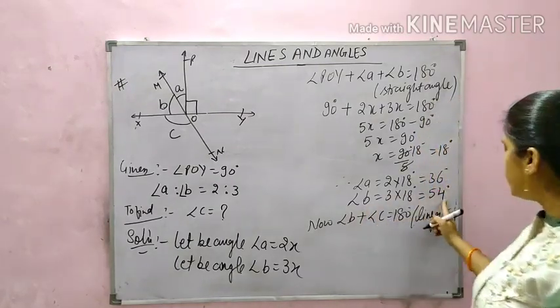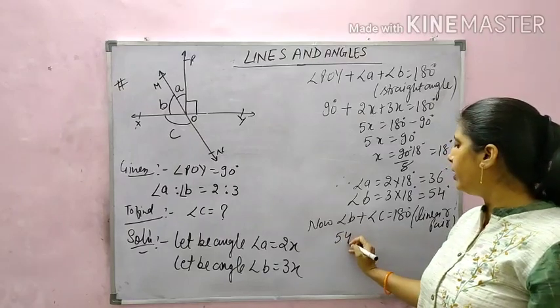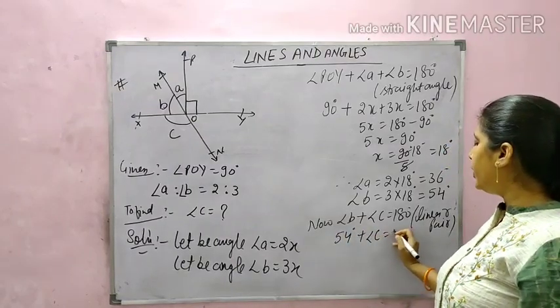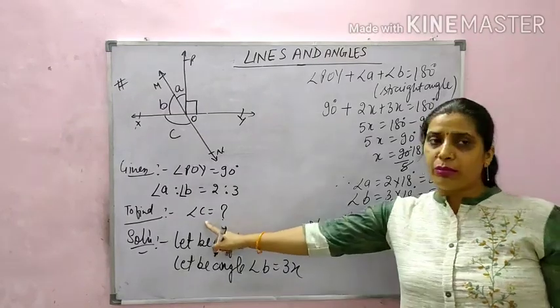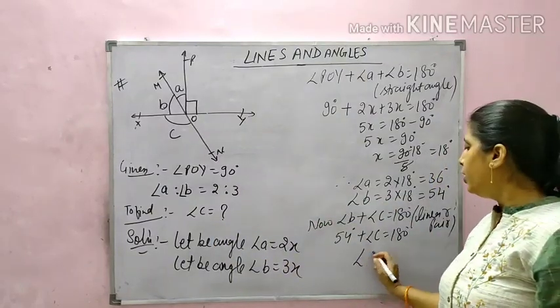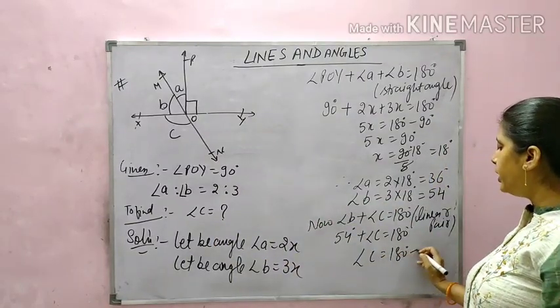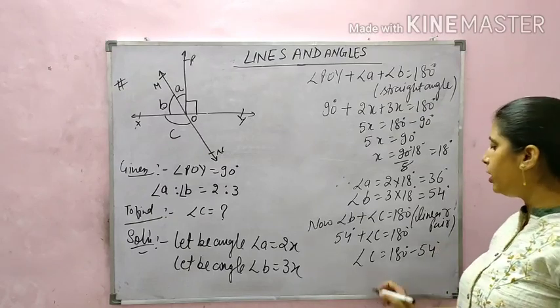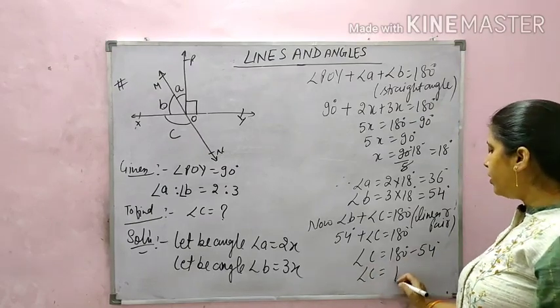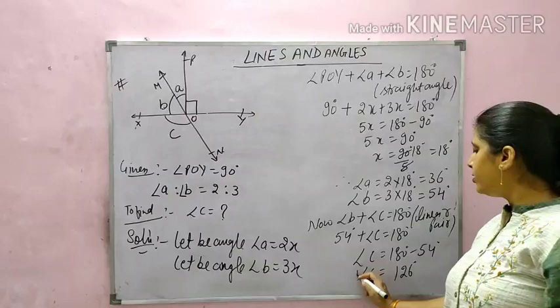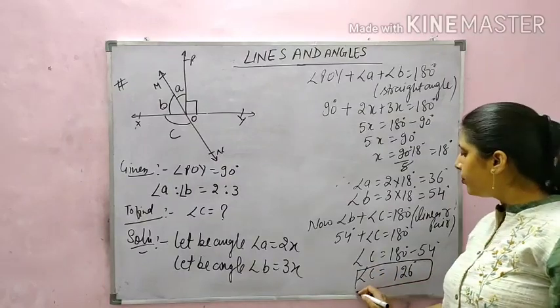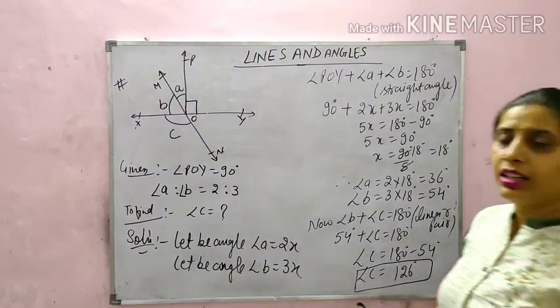Therefore, angle B is 54 degrees. And we have to find out the value of angle C. Now, angle C will be 180 degrees minus 54 degrees. Then, angle C will be 126 degrees. Here, this is our final answer.